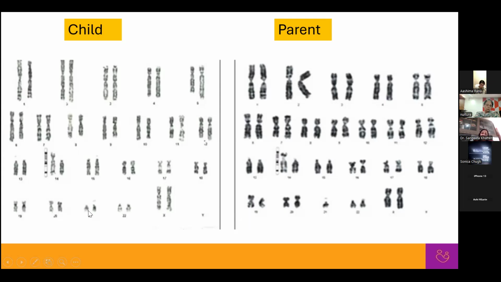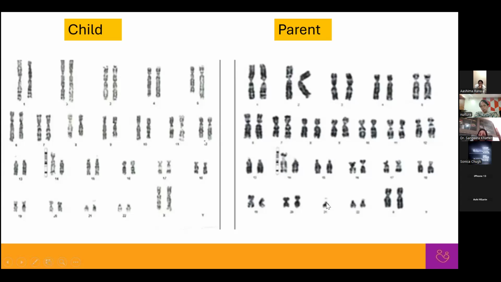That means technically the child has 3 copies of chromosome 21, making him Down syndrome.